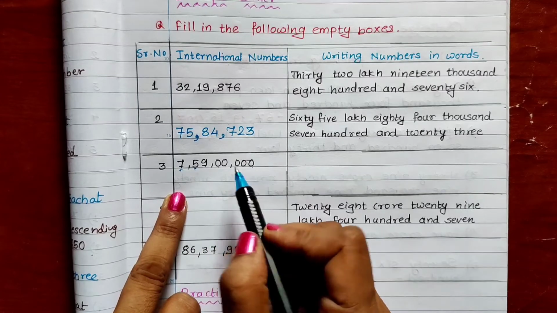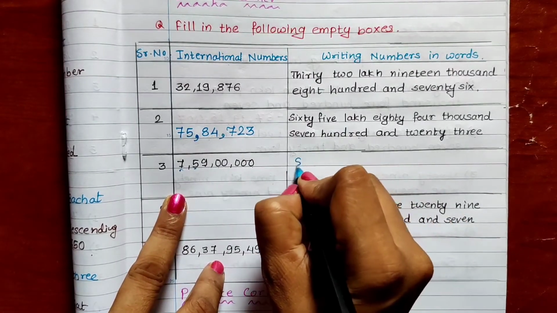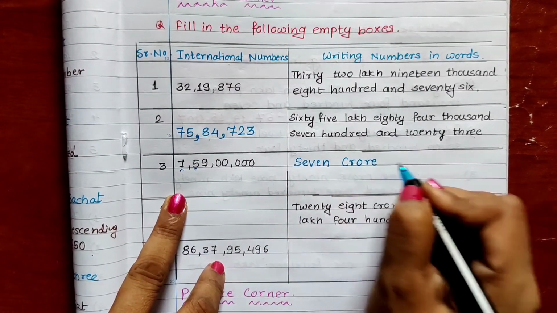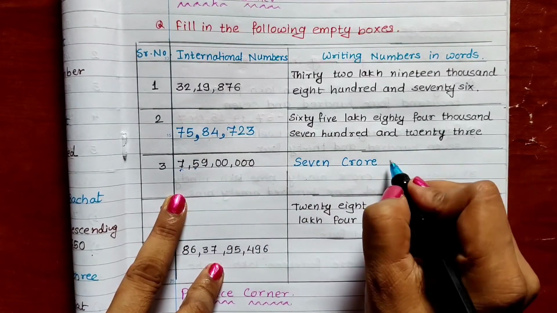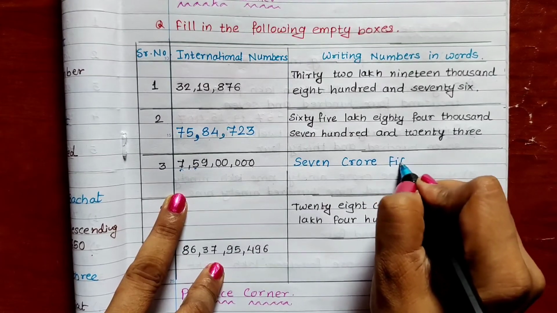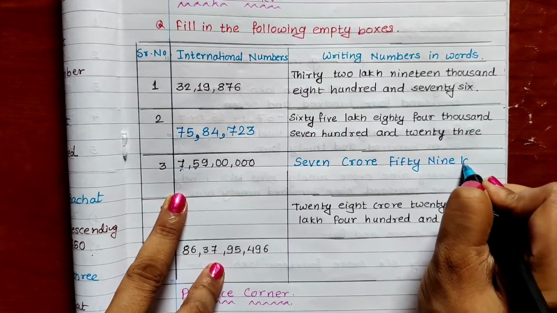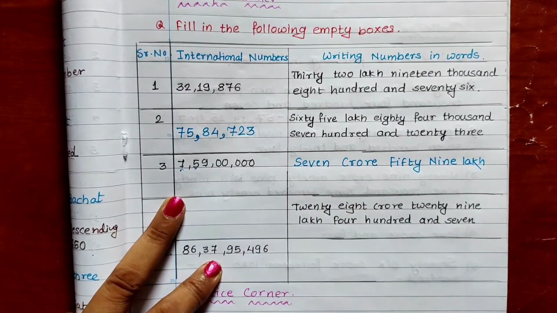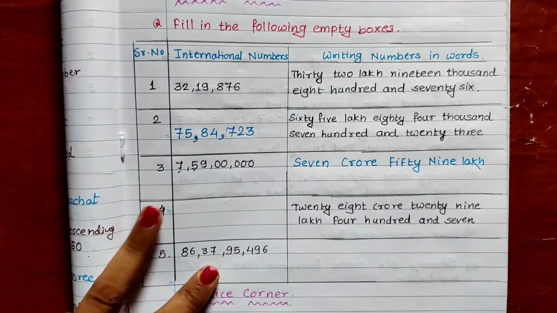After that 0 0 are there, so we don't require to write anything. Then 5 and 9 together, pair them and write lakh. 5 9 means 59 lakh. This number can be read as 7 crore 59 lakh.